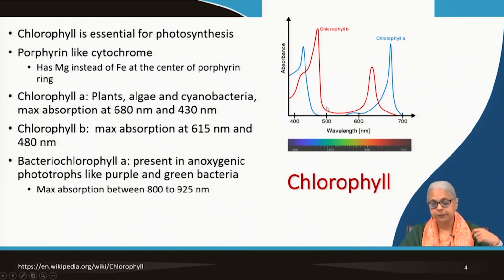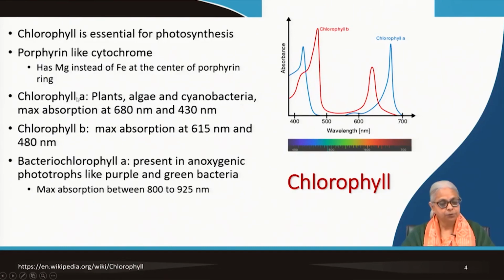Same thing here: when we see a plant as green, that means it's reflecting green. There is no absorption over here. The highest absorption is in the blue region and the red region. Both chlorophyll A and B are absorbing light in the blue and red regions.